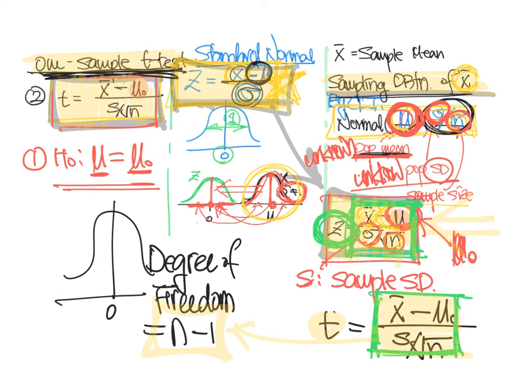So we have to apply another distribution, the t-distribution. Okay, so please try to understand how we get the t-score, the test statistic in the one-sample t-test.